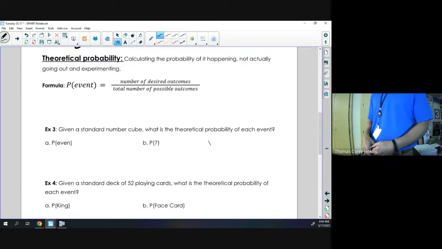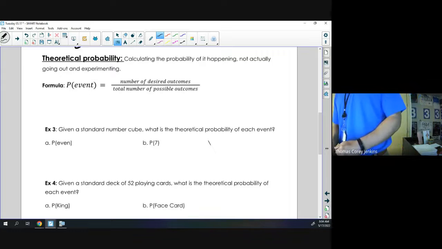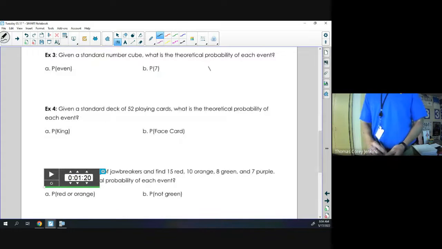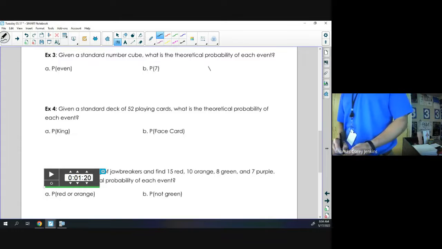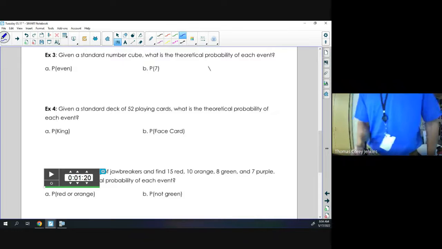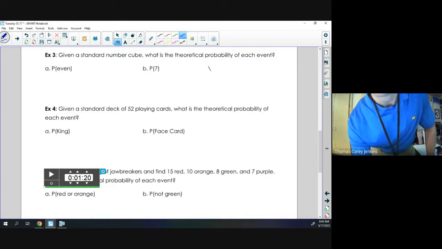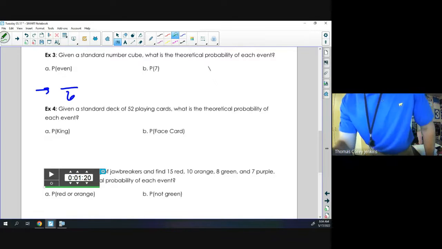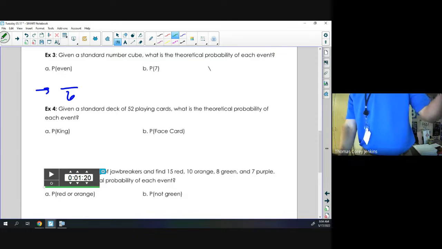But it's basically the same thing: number of desirable outcomes over total outcomes. So example 3, given a standard number cube, again, that's just a die, what's the theoretical probability of each event? So probability we roll an even. We know it's out of 6. So how many out of the 6 in our sample space were even?